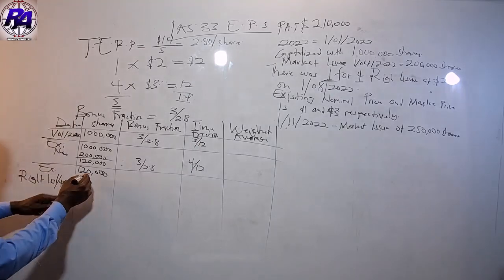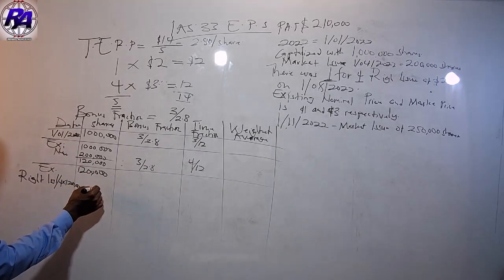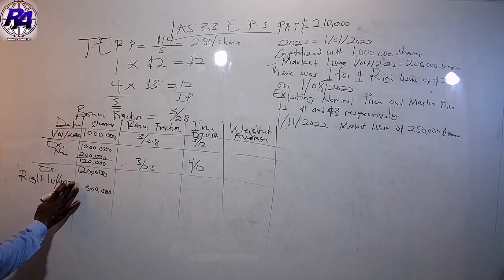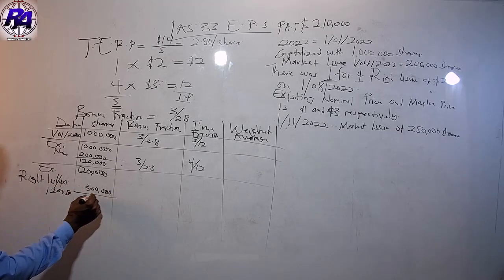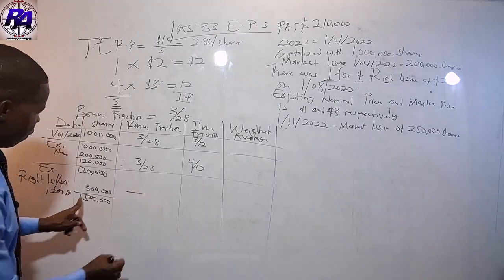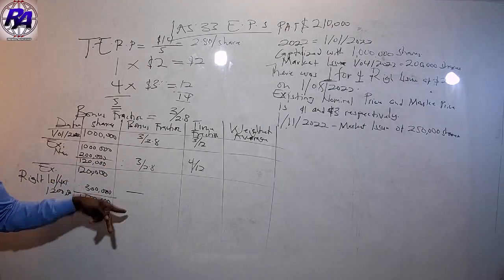And that's giving us 300,000. So if you sum this up, we are getting 1,500,000.